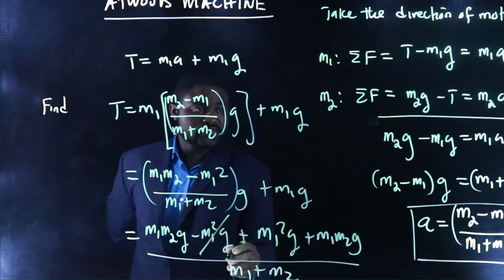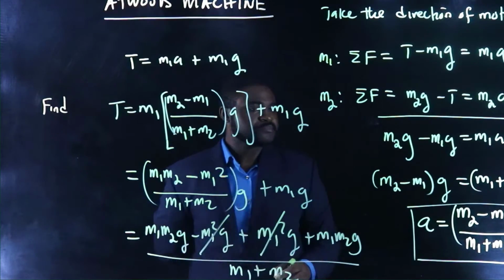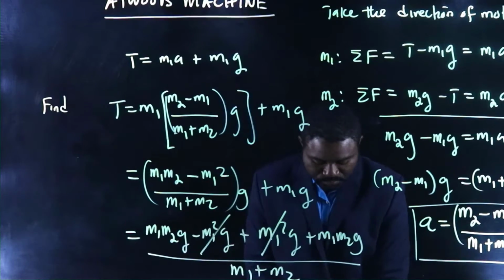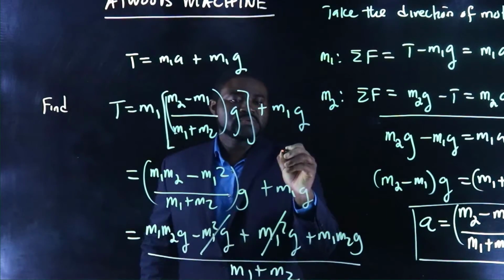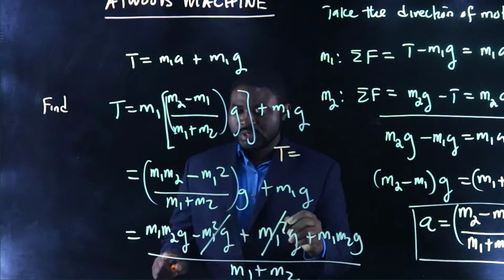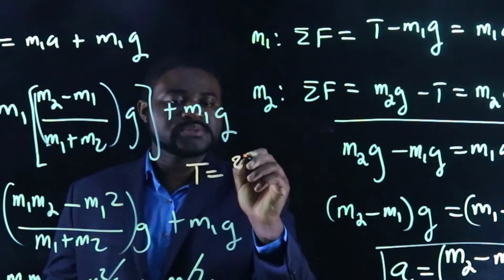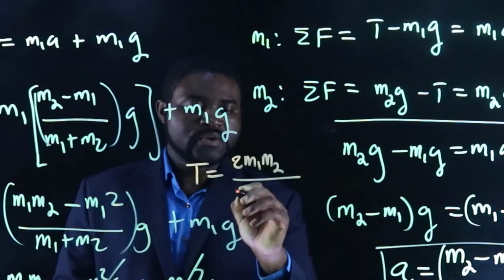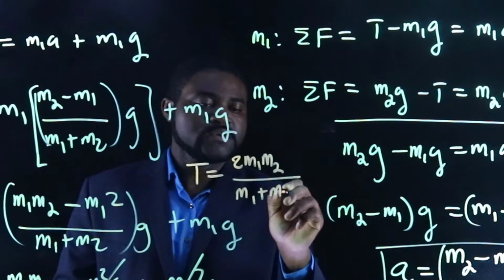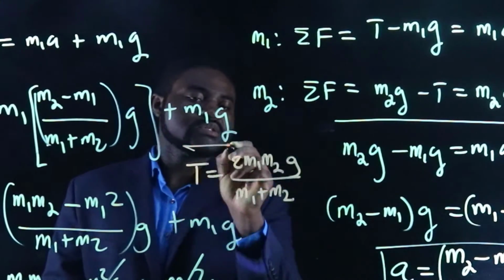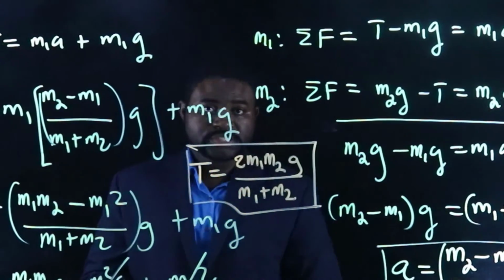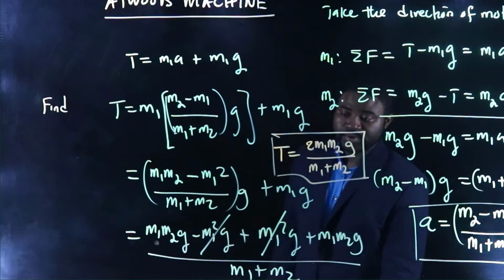You see that this cancels with this, and T simplifies to T will become this plus this, which is 2M1M2 divided by M1 plus M2, times G. So this gives us the tension in the string.